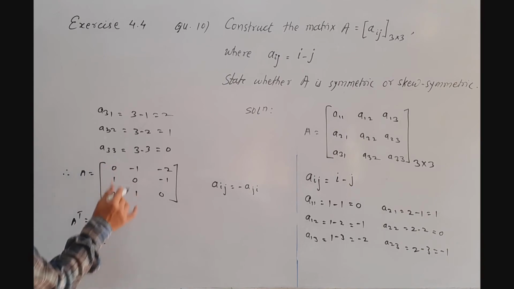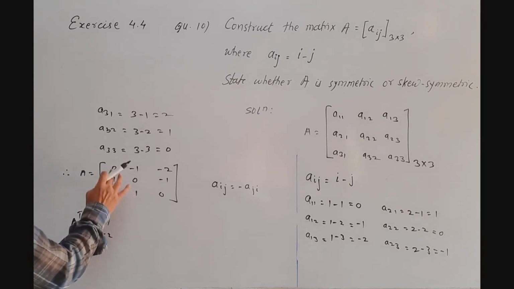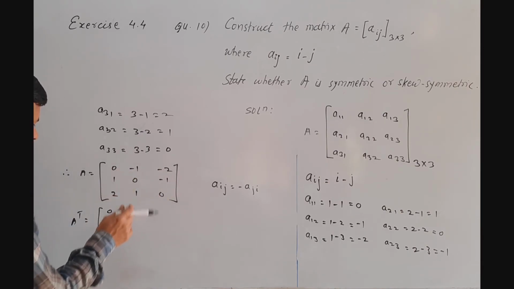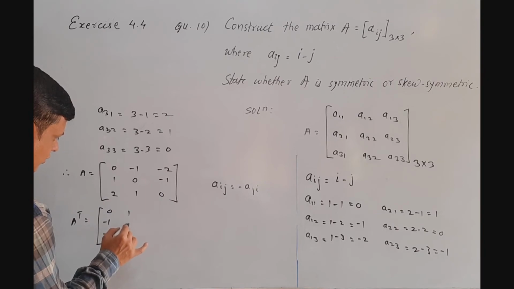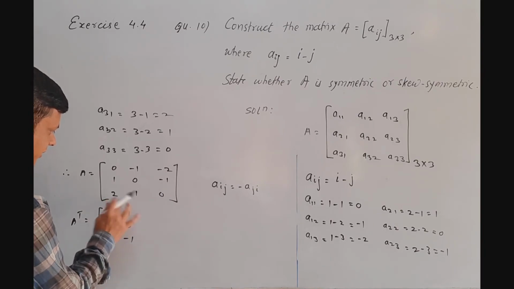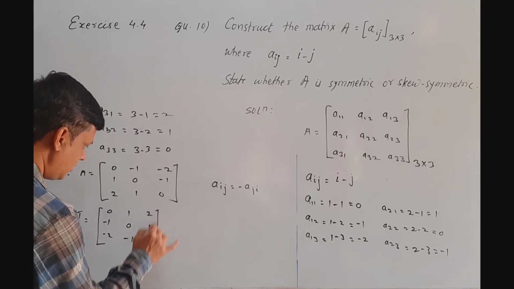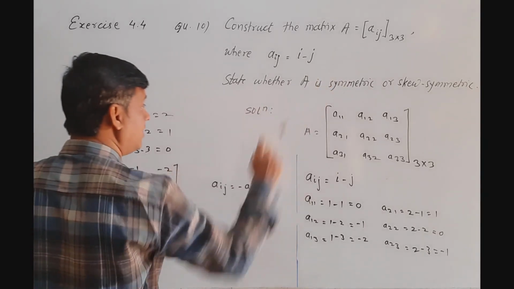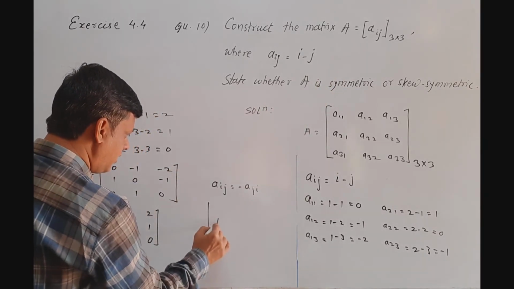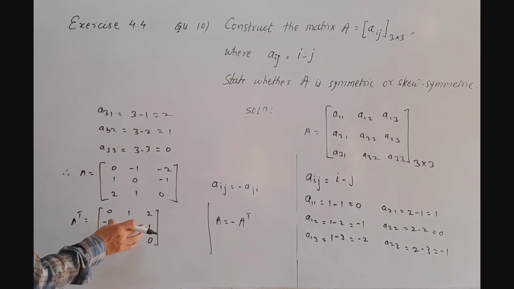Then we write here 0, minus 1, minus 2, that is the element of first row in first column, element of second row in second column, that is 0, 1, 0, minus 1, then element of third row, so write here 2, 1, 0. So we say the given matrix is skew symmetric when A equals minus A transpose, so we multiply both sides by minus sign.